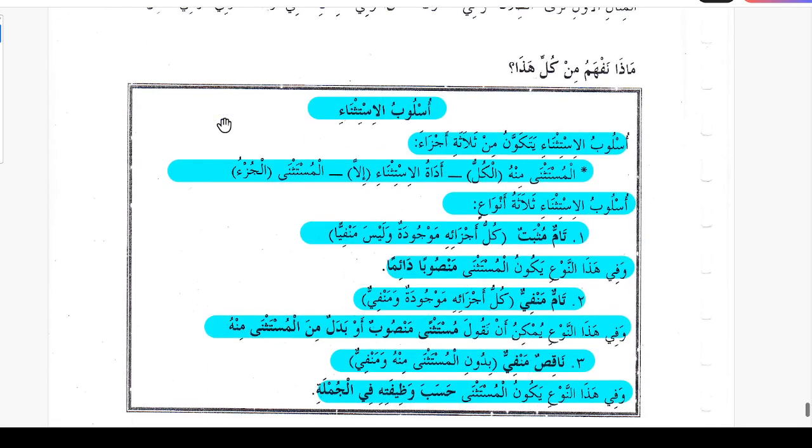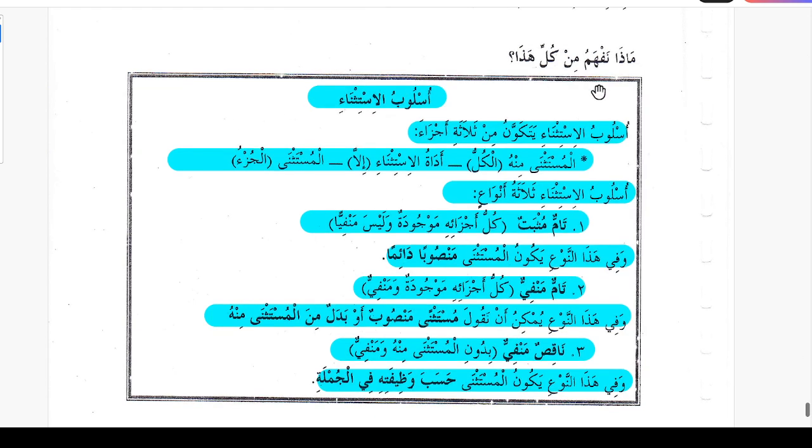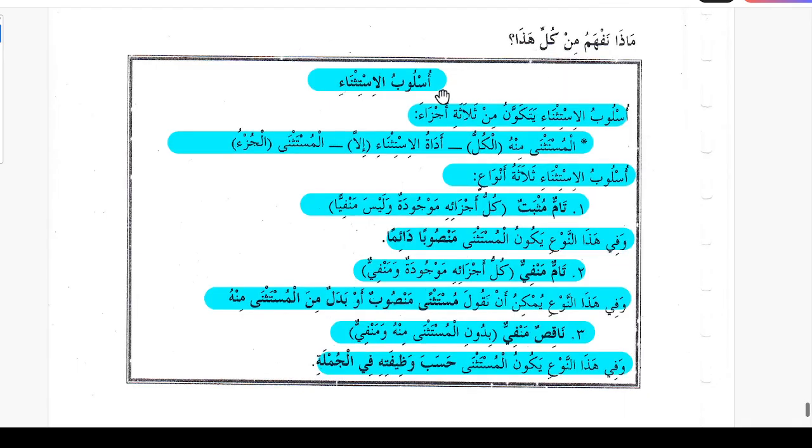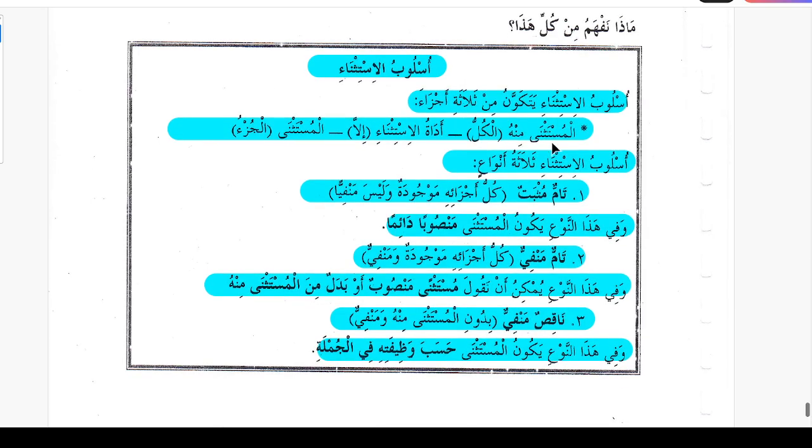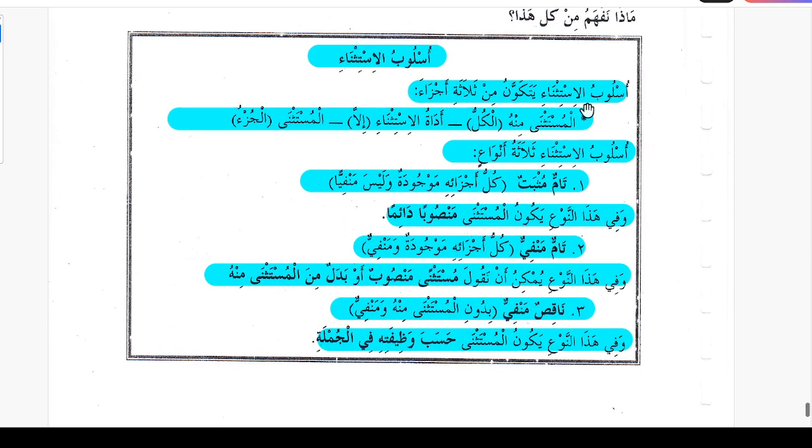So this is the summary of all that we have studied. Madha nafham min kulli hadha? We understand from all this aslubul istisna, the style of istisna. Uslubul istisna yatakawwanu min thalathati ajza', the style of istisna is formed from 3 parts.